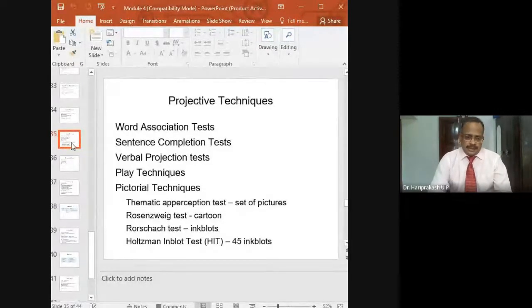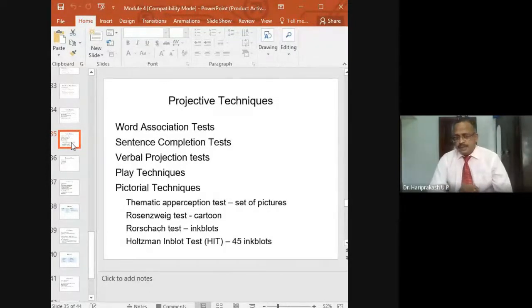Pictorial techniques. In that, one test is called the thematic apperception test. Thematic apperception test, TAT. It may be asked in the test, what is TAT?